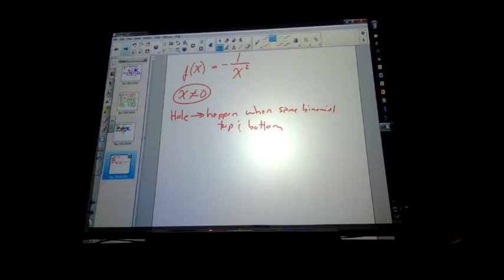Scenario 2: the highest degree on top is equal to the highest degree on bottom. Scenario 3: the highest degree on top is greater than the highest degree on bottom. What do we have in this situation?